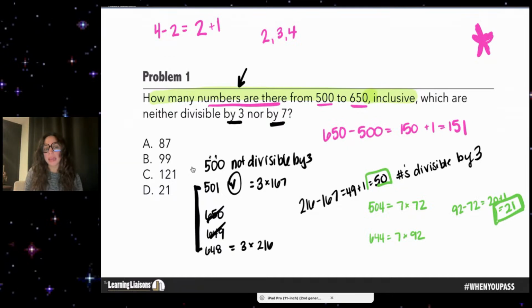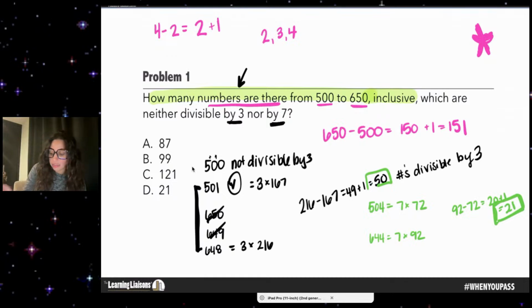But how many of them are divisible by both 3 and 7? Which would be 21, right? Because that means that they're going to overlap.